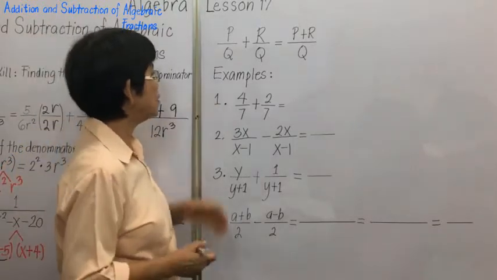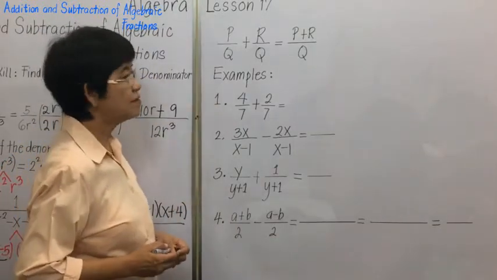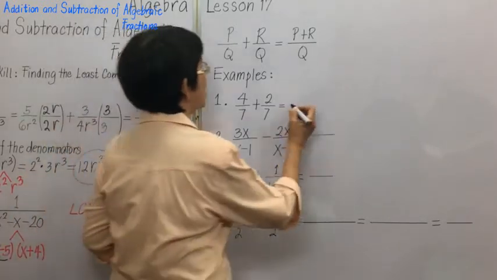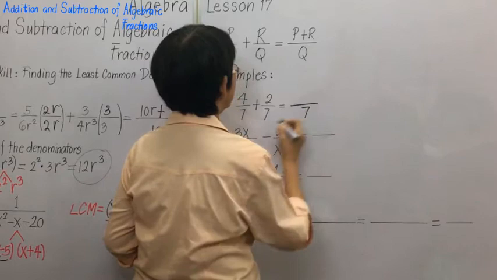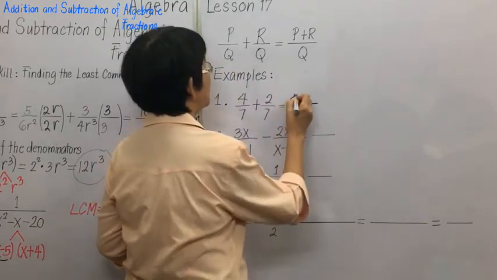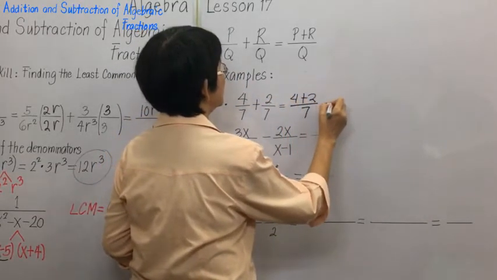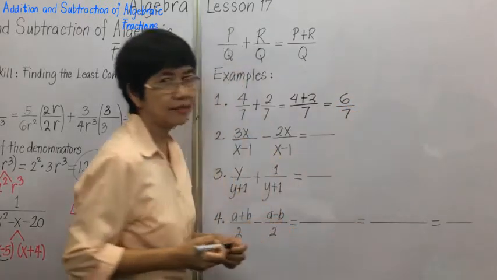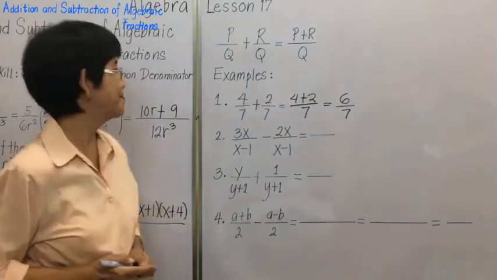So, examples, we have 4 over 7 plus 2 over 7. We copy the denominator 7 and add 4 plus 2 equals 6. So the answer is 6 over 7.